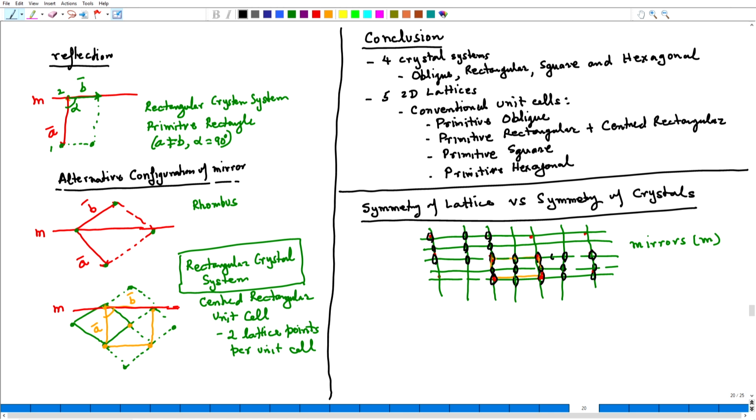Now, let us take a motif and add to this lattice.